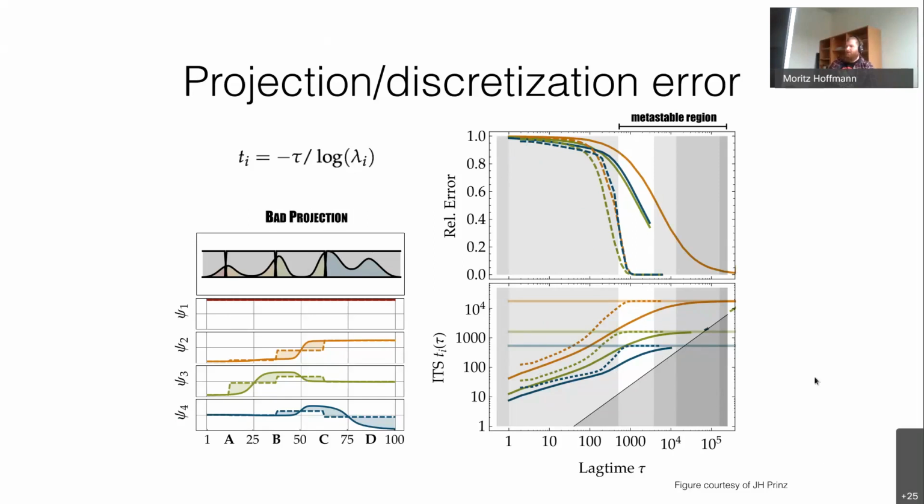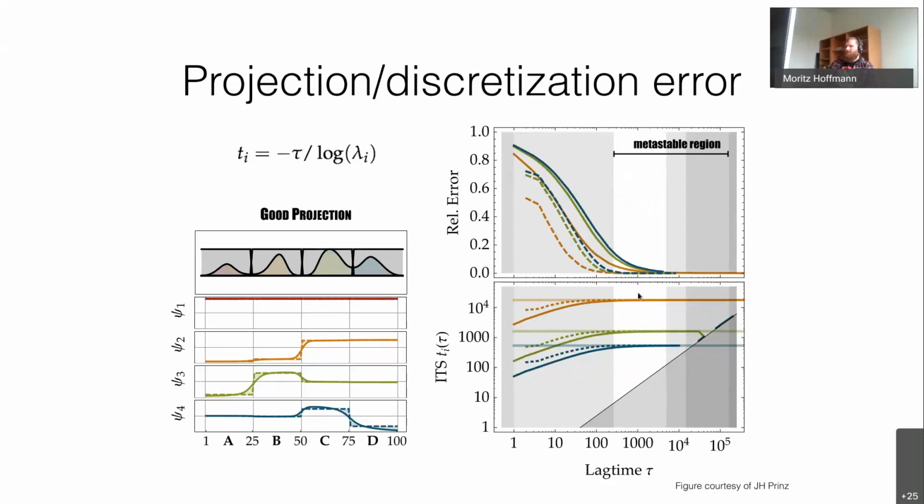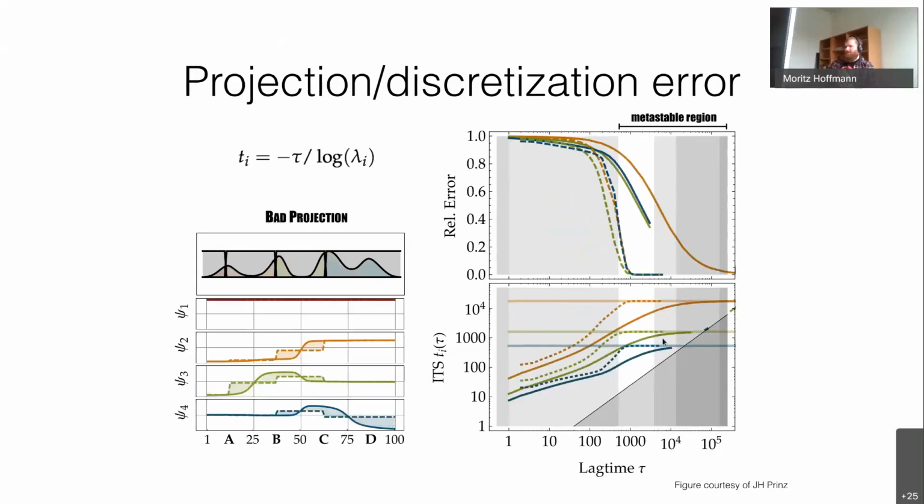If I go back here, we can see that the timescales eventually converge to a line. If we increase the lag time, we see these timescales become constants. And here, this doesn't really happen. Especially this shaded region is where the processes have decayed.